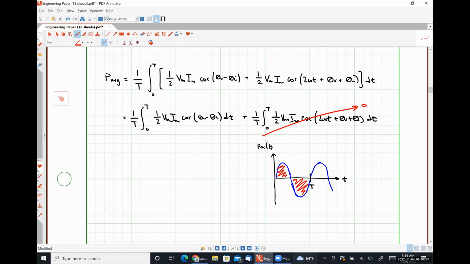I get the constant. So our average power comes out to be 1/2 Vm Im cosine(theta V minus theta I). The exact same result we got by effectively intuition of looking at our graph is the exact same result we get actually applying math, okay?